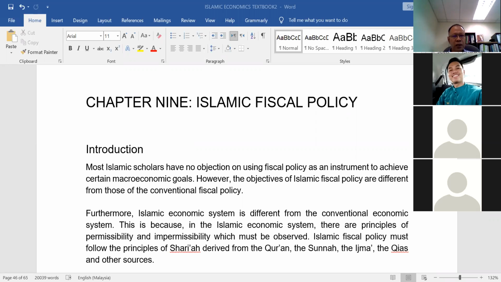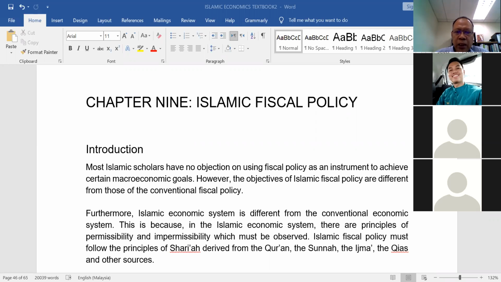So, what's the difference between Islamic and conventional fiscal policy? There are many similarities. Ada juga persamaan antara dasar fiskal konvensional dan dasar fiskal Islam. Ada persamaan dan ada perbezaan. Most economic scholars have no objection on using fiscal policy as an instrument to achieve certain macroeconomic goals.